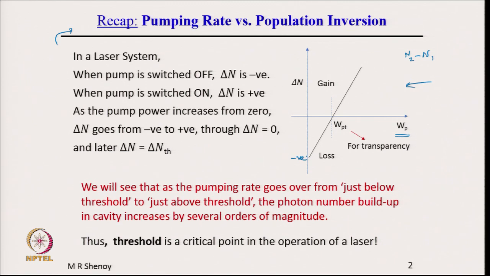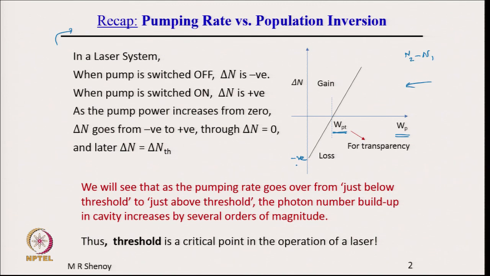As the pumping rate increases, delta n monotonically increases. It may not be a linear increase, but it monotonically increases, and delta n becomes 0 when W p is equal to W p t, t standing for transparency. Delta n equal to 0 means neither gain nor loss.